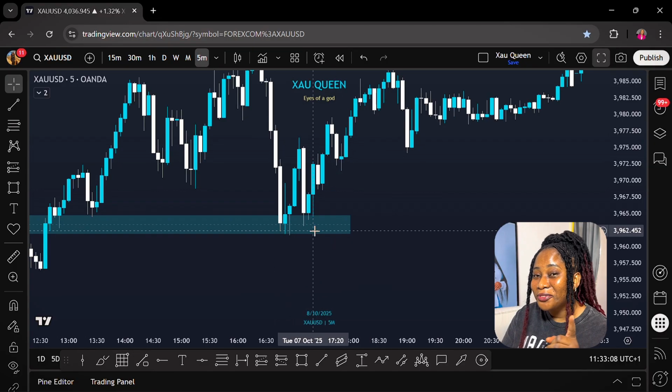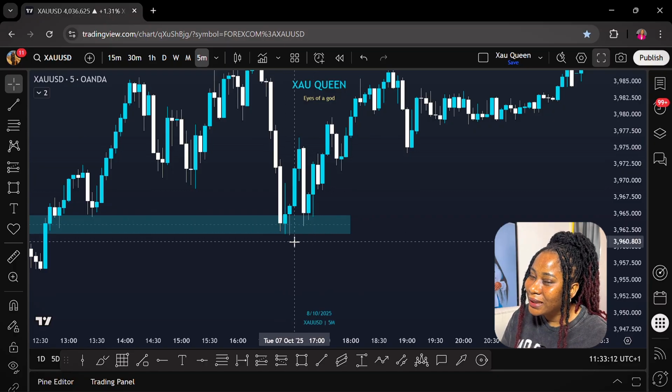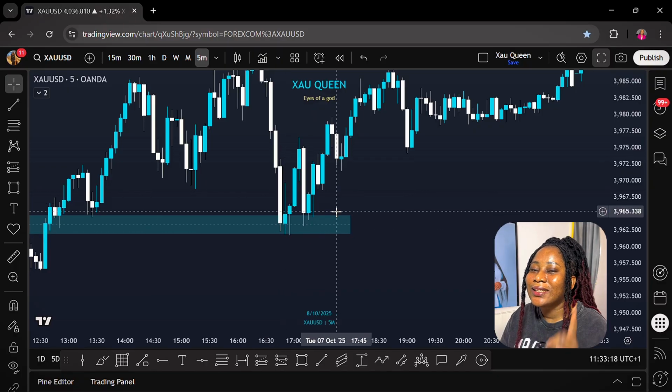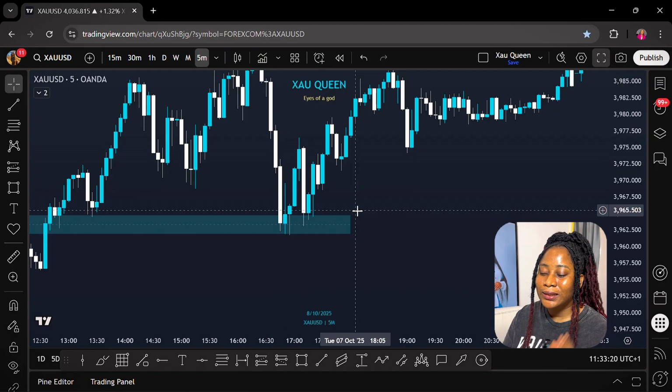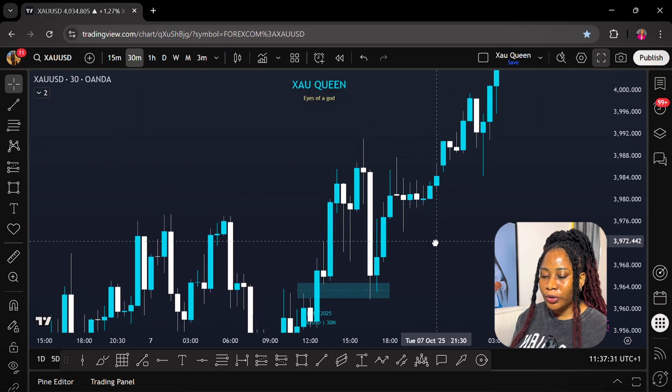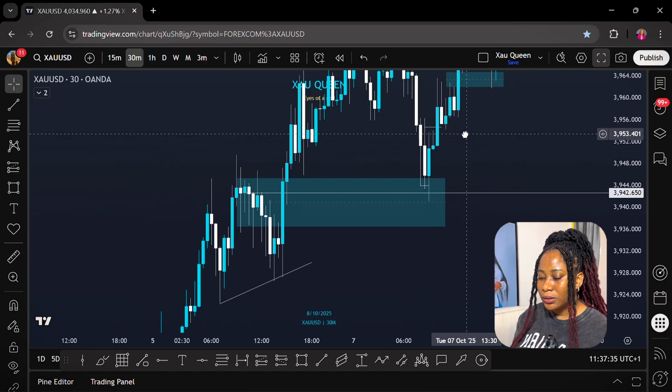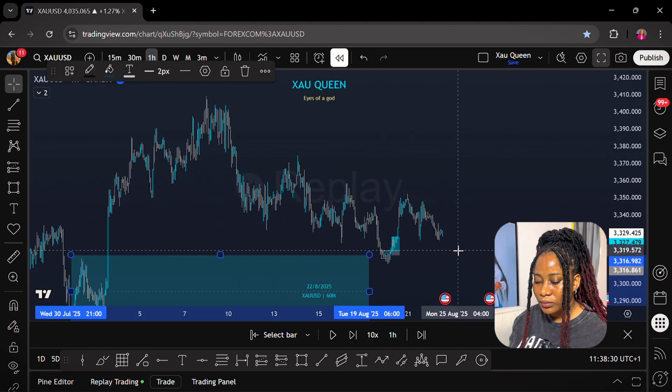The sweep that we are looking for for CISD is not this candle sweep, my dear. This might be a valid order block here because it swept this candle, but it is not a valid sweep for our change in state of delivery. So let me look for another example that is not a confirmation entry.